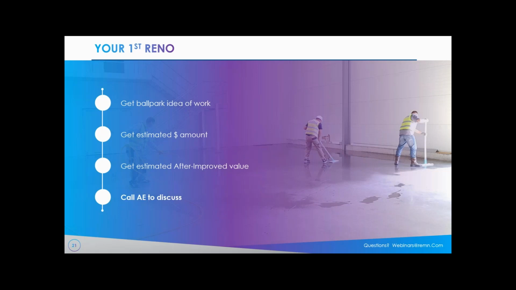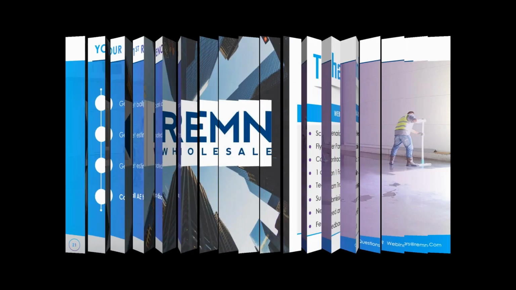And then call your AE or myself to discuss, and we'll help you through packaging up the loan, submitting it to us, and getting it closed. Again, we're great communicators here at REMN Wholesale, so we like to hold your hand on the first one. So again, get in contact with your AE, and we can all have a three-way call to discuss your scenario.